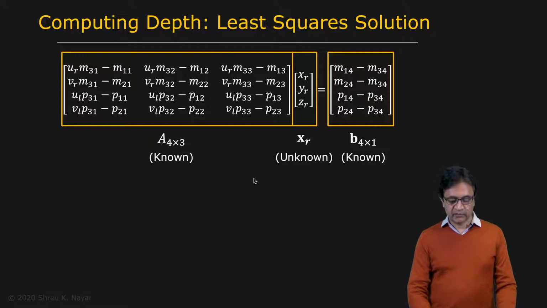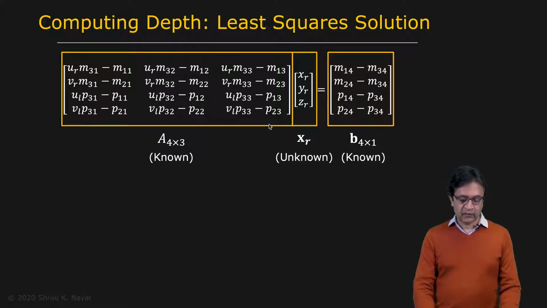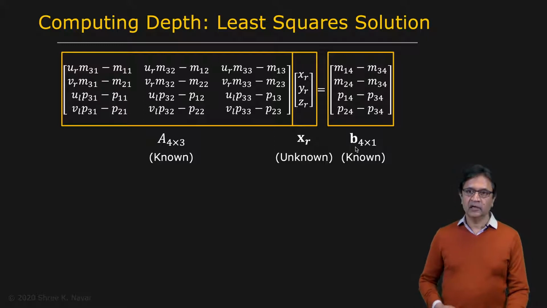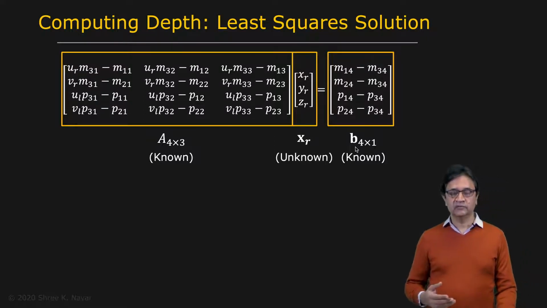So that's what we have. We have a matrix here, A, which is a 4 by 3 matrix. It's a known matrix. We have a vector XR, which is of interest to us, 3D coordinates of the point in the scene. That's a 3 by 1, and then you have a known vector 4 by 1, B, right here. So this is an overdetermined system of linear equations.